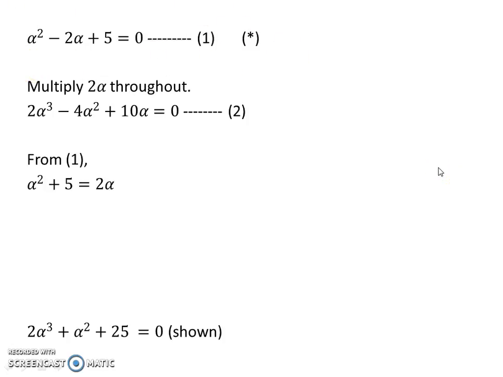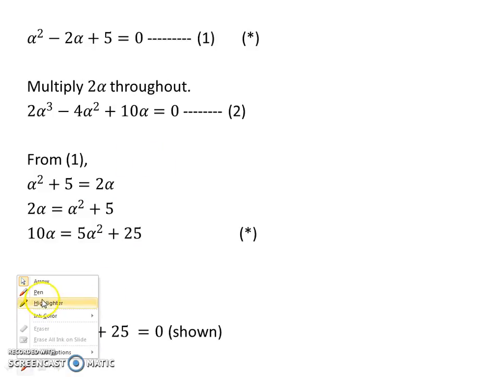From part 1, we have alpha squared plus 5 equals 2 alpha. This is not too fancy. My aim here is to try and express 10 alpha in terms of alpha squared. So I just add 2 alpha on both sides from part 1, and switch it over: 2 alpha equals alpha squared plus 5. Then I find this relationship: 10 alpha is equivalent to 5 alpha squared plus 25.